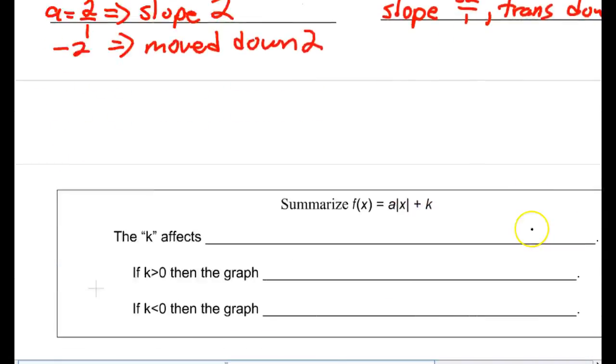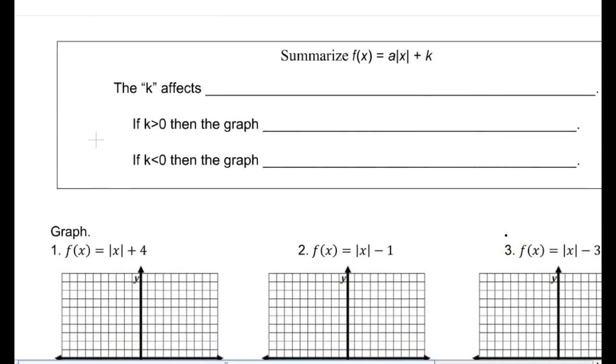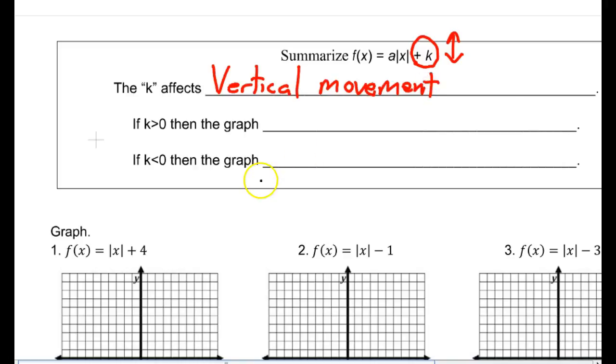On the back, the K is just the number on the outside here, so that's what moves it up and down. Think of the K as affecting the vertical. If K is greater than 0, in other words, if K is positive, that moves up.